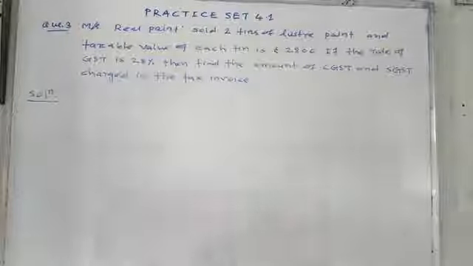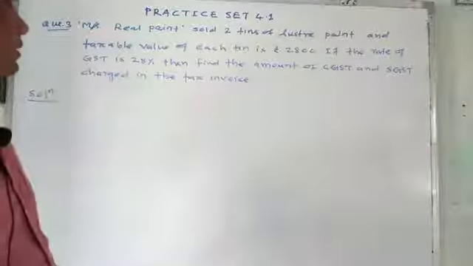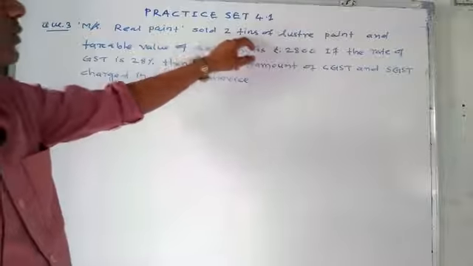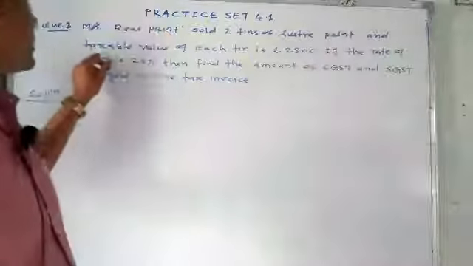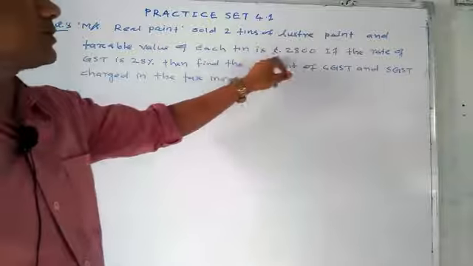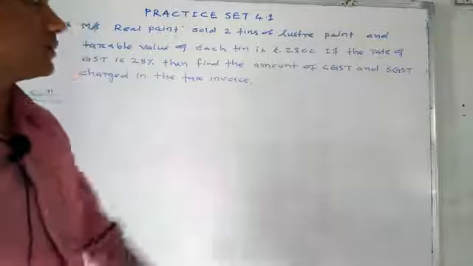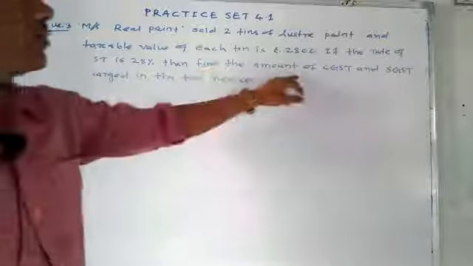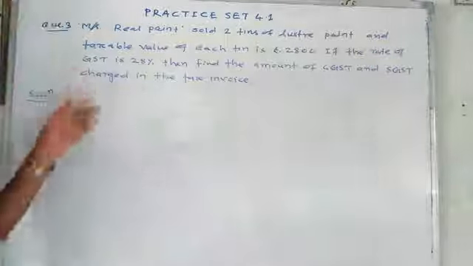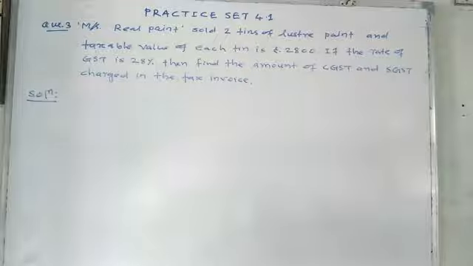Now question third. Messrs Real Paint sold 2 tins of Lustre paint, and the taxable value of each tin is rupees 2,800. If the rate of GST is 28%, then find the amount of CGST and SGST charged in the tax invoice.